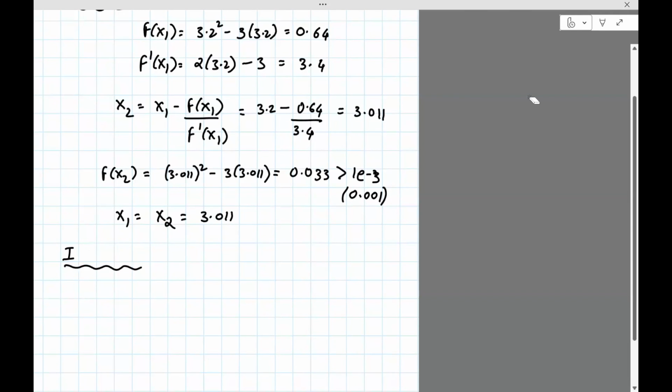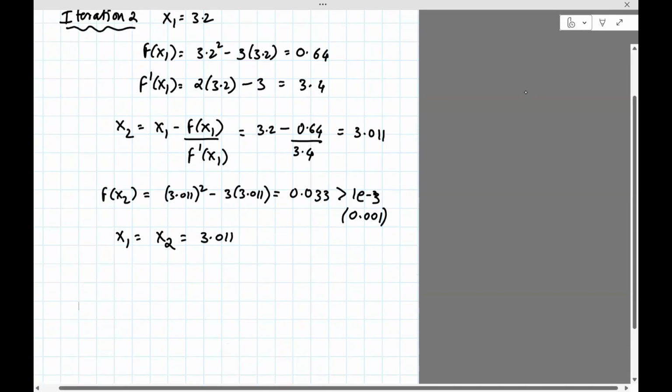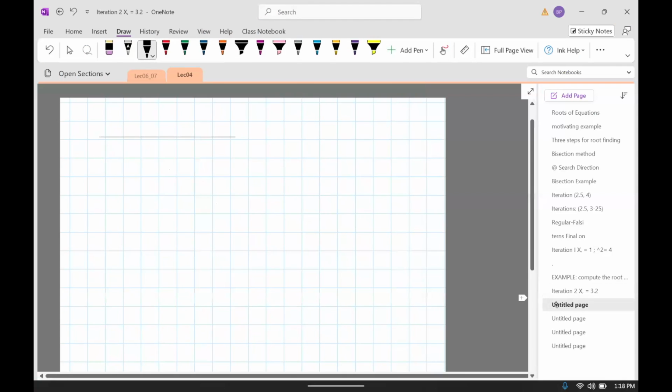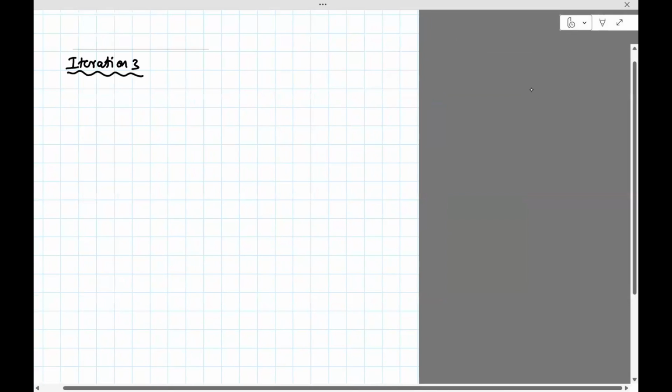Okay, so iteration 3. We want f of x1. The good thing is we already computed that.